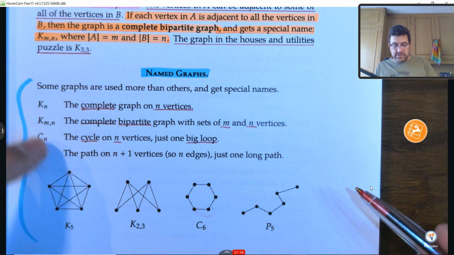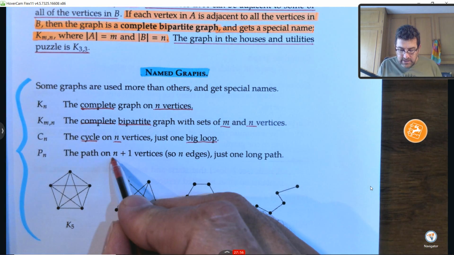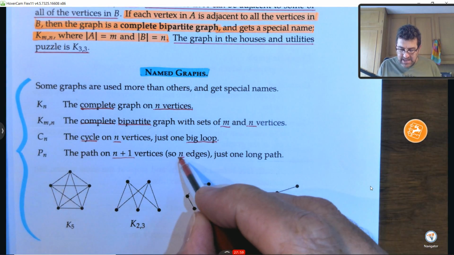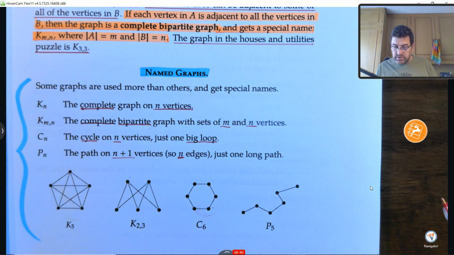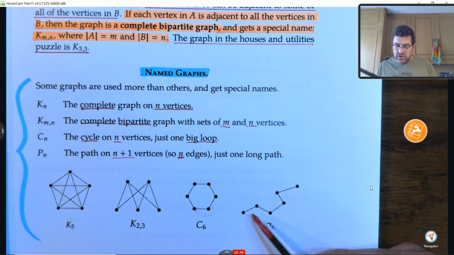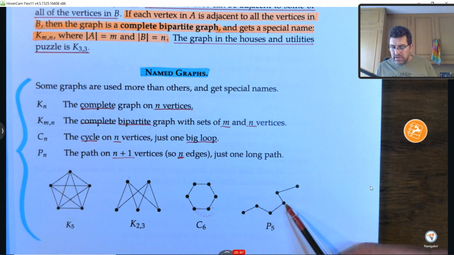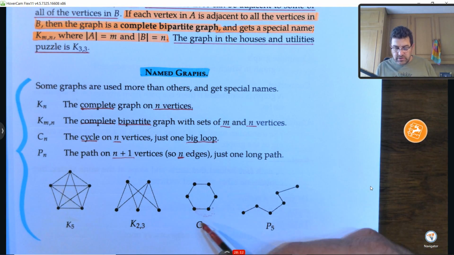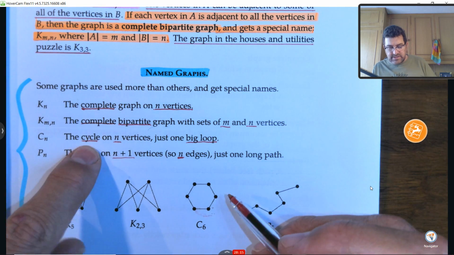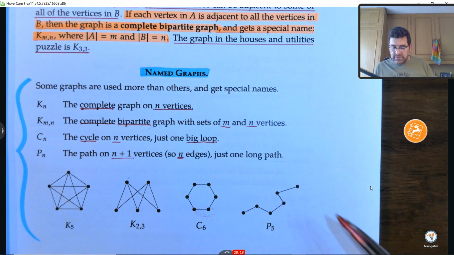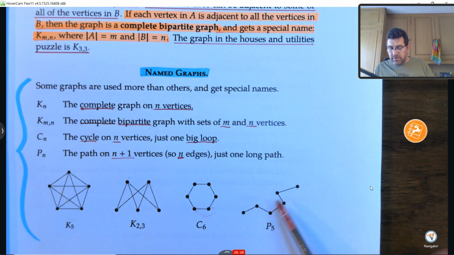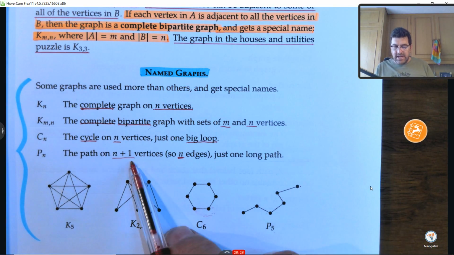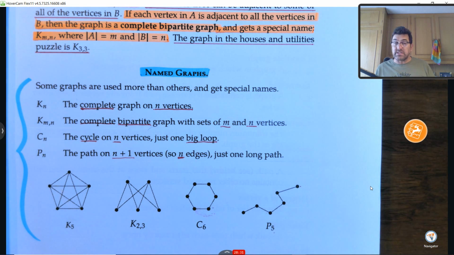Pn is the path on n plus 1 vertices, so there's n edges if there's n plus 1 vertices, always one less, just along a path. So that is called a path. Okay, it doesn't close here, so it's not a circuit or a cycle. They call it either a cycle or a circle. We'll talk about that later on. This is just a pathway that connects those 6 vertices with 5 edges. So P5 means 5 edges, hence there's 6 vertices.